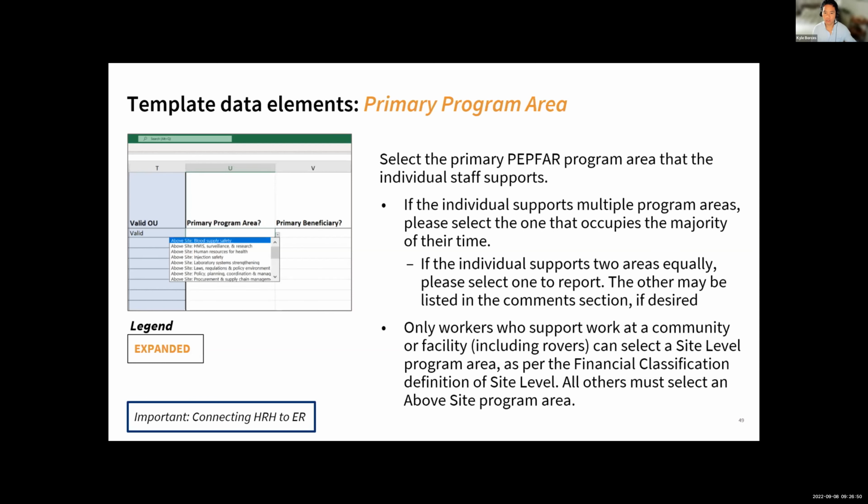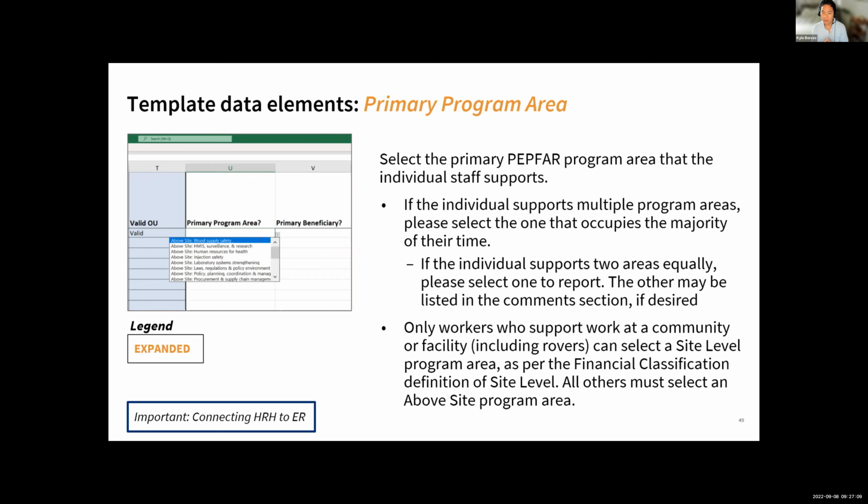Similar to last year, you would want to select the primary program area that that individual staff supports. We understand that sometimes an individual staff member can support multiple program areas, but we ask that you only select one in this data collection template.